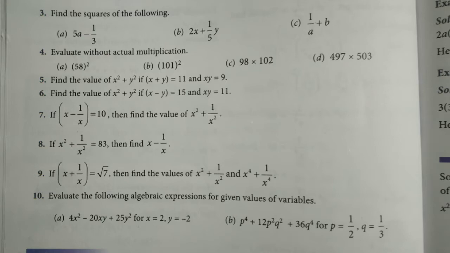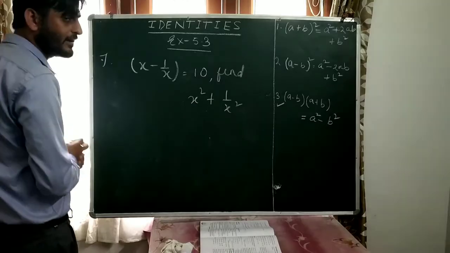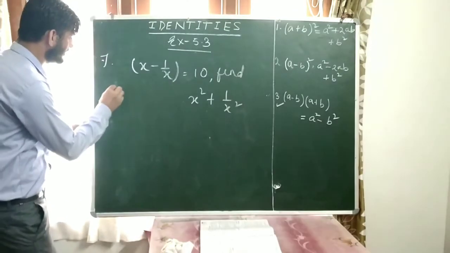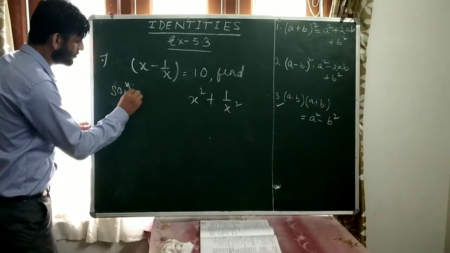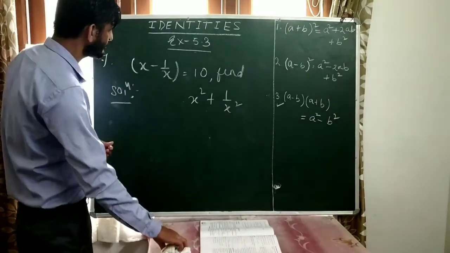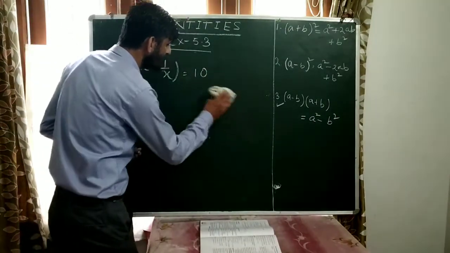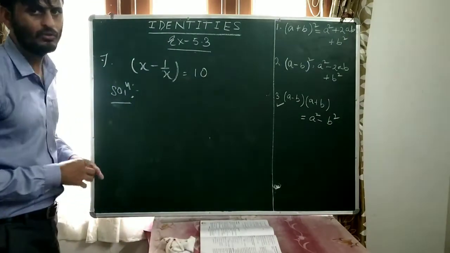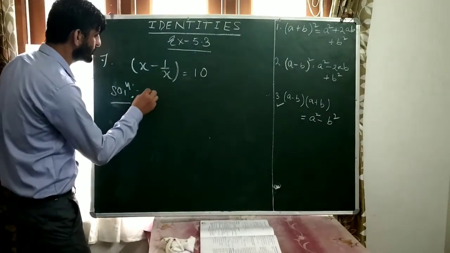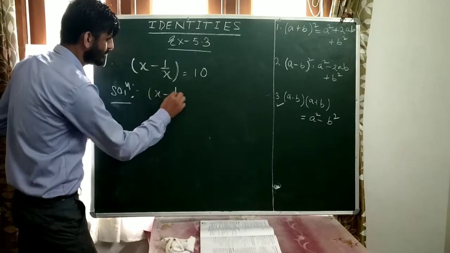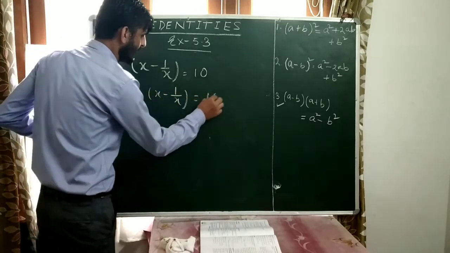So what will we do? We will think something different this time. So how will we solve? Let's see. In the question, this part is given. So what we will do is square both sides. x minus 1 by x equals 10.